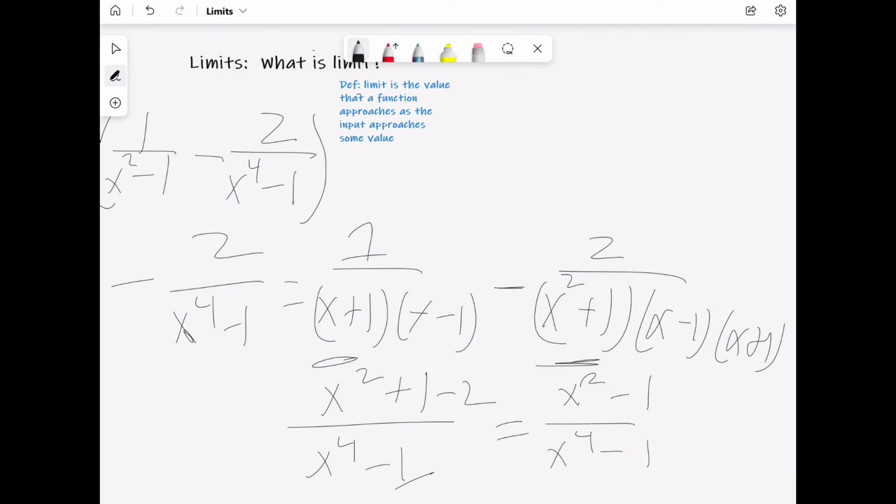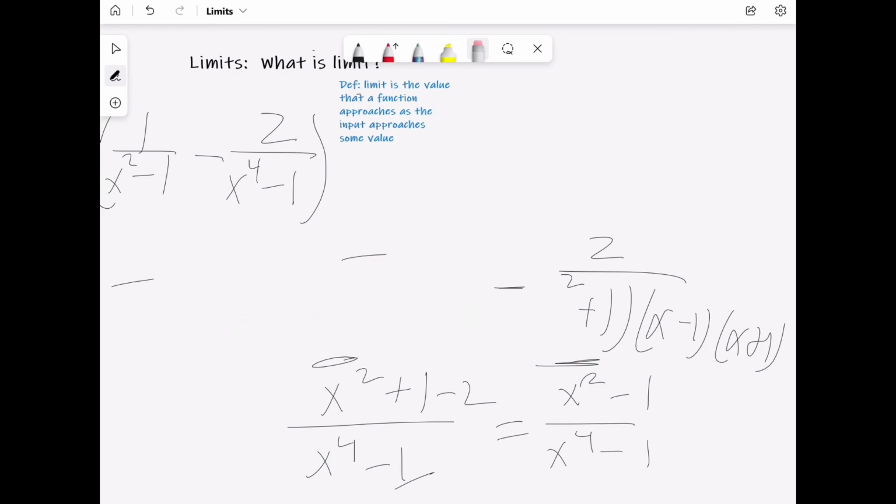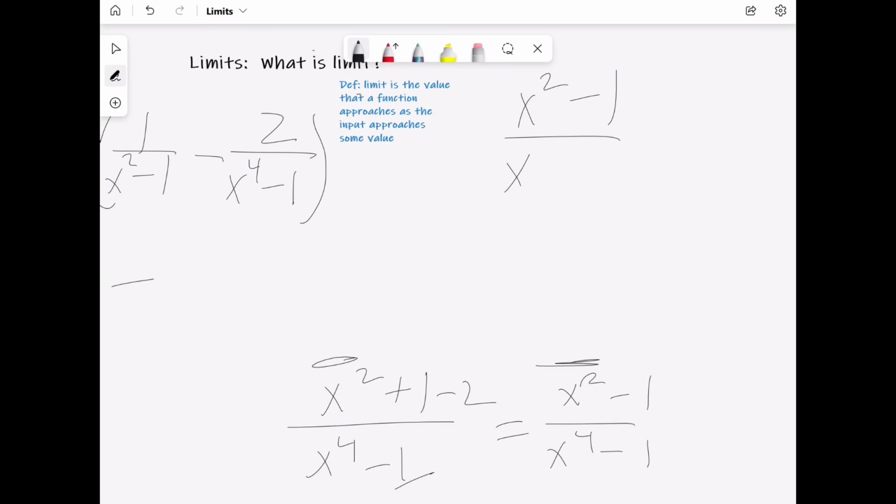I need a bit more space, so I'll just erase this. Now, x squared minus 1 over x to the power of 4 minus 1. I think we can factor that out a bit more, right?